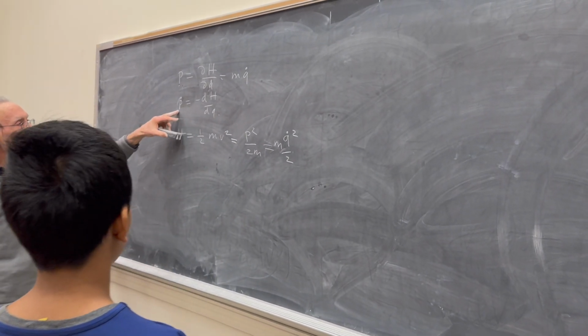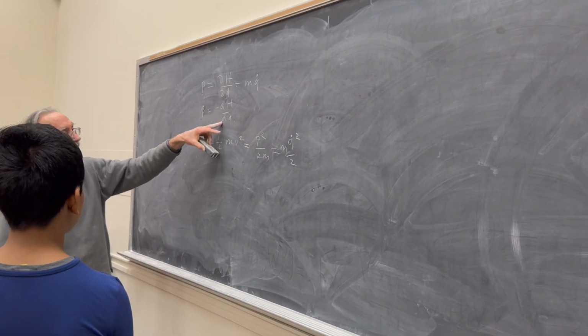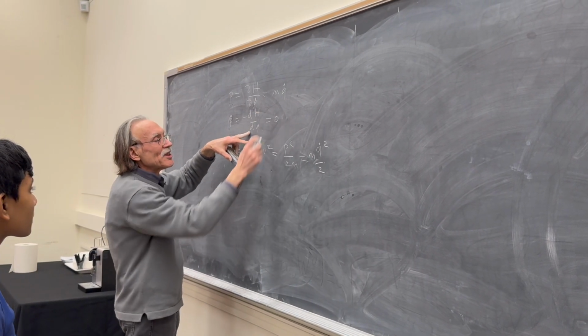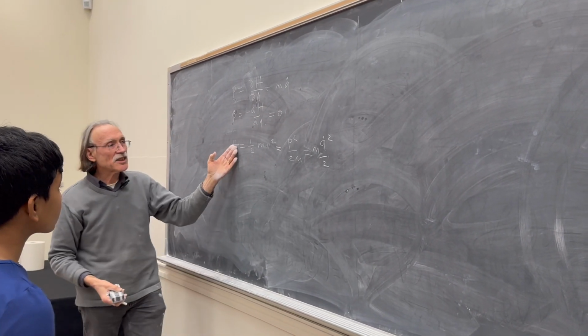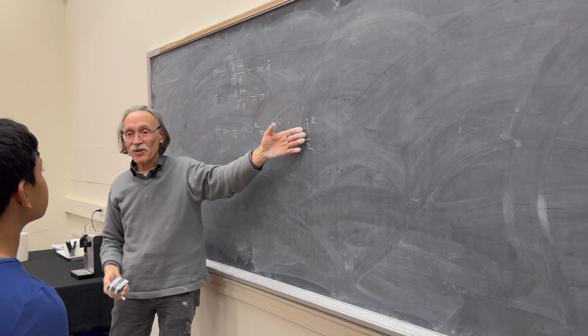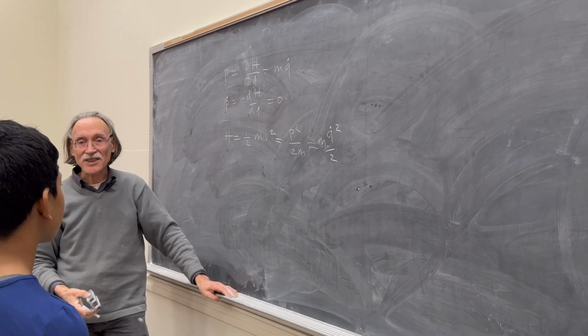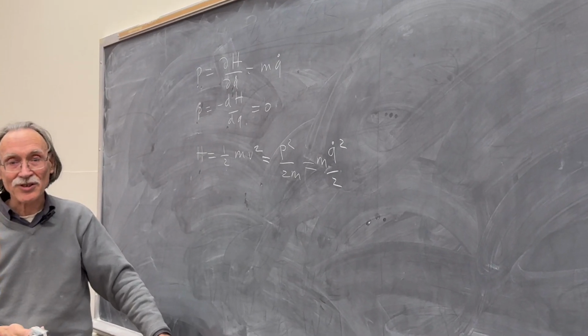p dot is minus dH dq, and there's no q dependence, so that is equal to 0. Indeed, this is the energy for a free particle that has only velocity, so the momentum doesn't change and it stays at a constant velocity.